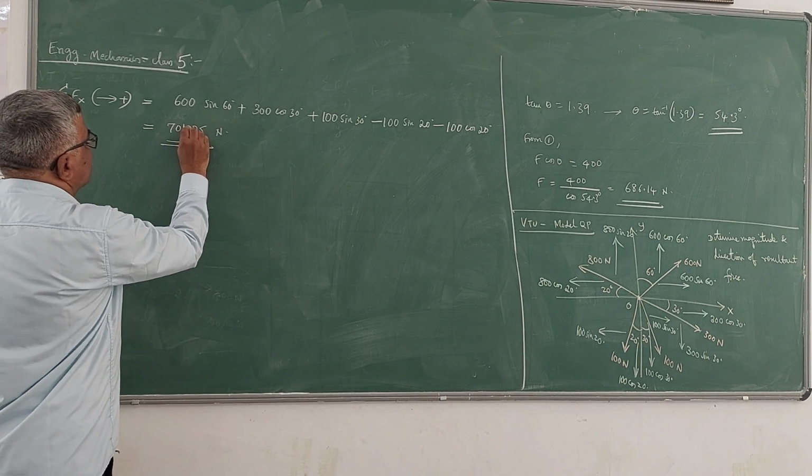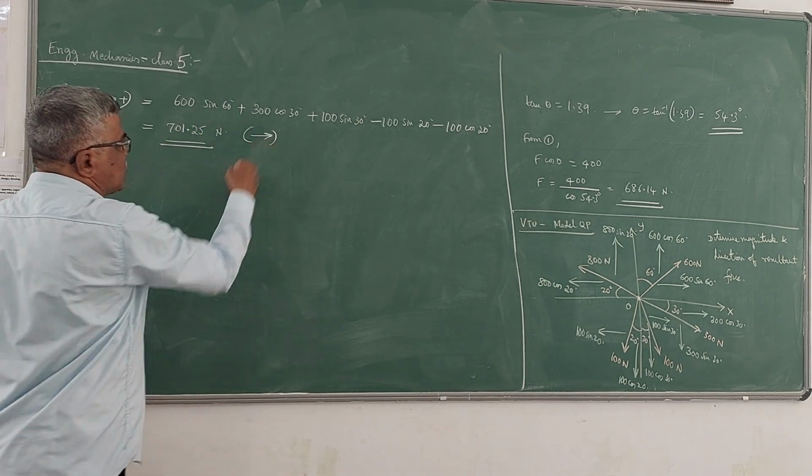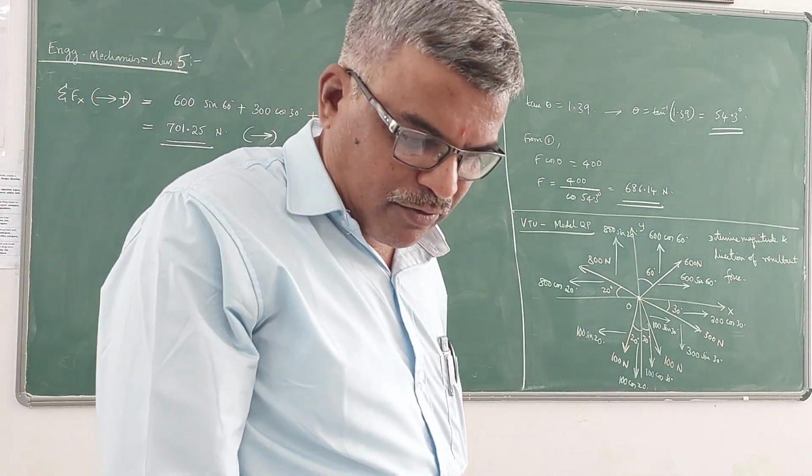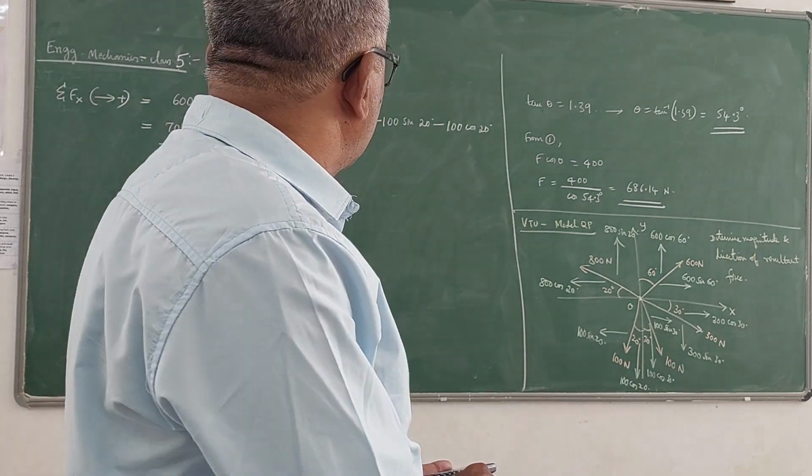Since you have got positive value, sigma fx is acting towards right. Suppose if you get negative value, it would have been acting towards left.